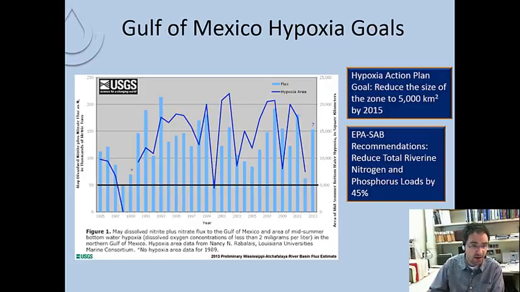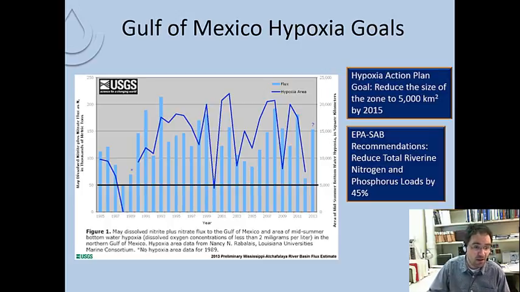As we look at the graph that you see here, those light blue bars are the May dissolved nitrite plus nitrate flux into the Gulf of Mexico. You'll see that vary, really a low in the last 20-some years of 1998, and also 2012. So that drought year of 2012 had low loading down the river to the Gulf in May. We look at 2013, we see a large loading.